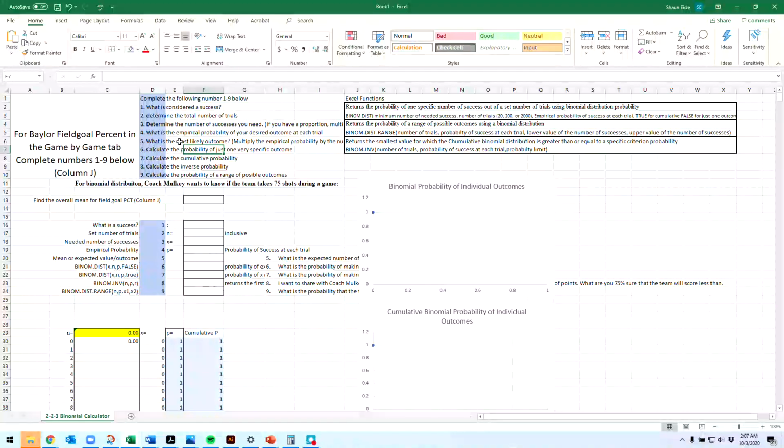So when we're doing a binomial probability distribution, we have to go through basically a 9-step process to get everything that we want. Now, do you have to go through the 9-step process if you just have a simple question? No. But we're going to go through this process.